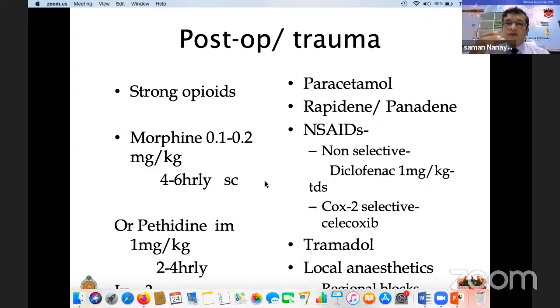So don't use morphine and tramadol together. Use morphine on the first 1 or 2 days, then go for tramadol.